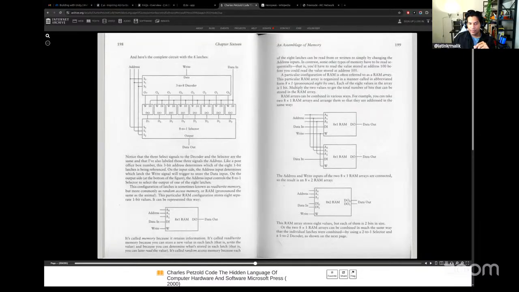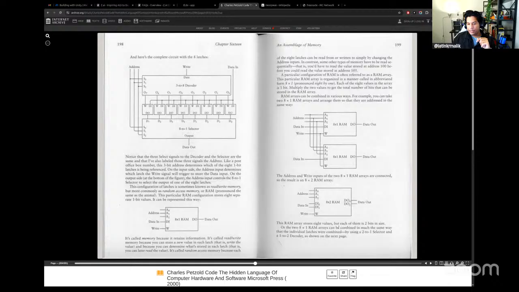So the result is now an 8 into 2 RAM array, where you can have two different inputs for data pins and two different outputs for data, a common write and a common address. So now this RAM array stores 8 values, but each of them is 2 bits in size. So at any given time, when you write to, let's say, the first bit, it writes into two different bits and it gives you output of two different bits.